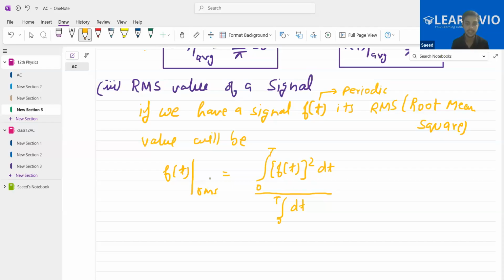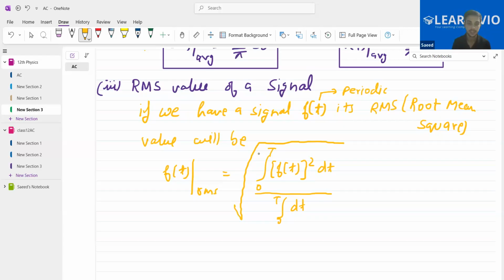The only difference is that there was no square. In the name, it comes root mean square: we used the mean here, the square here, and next comes the root.